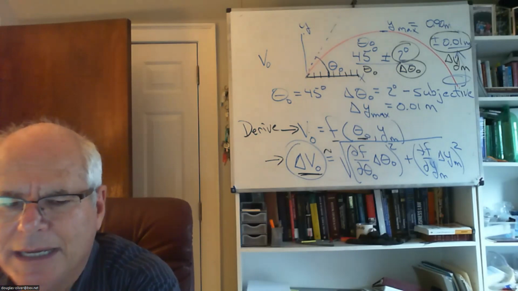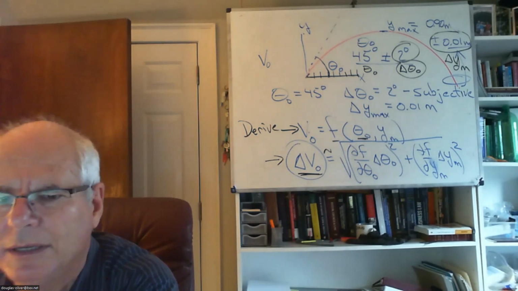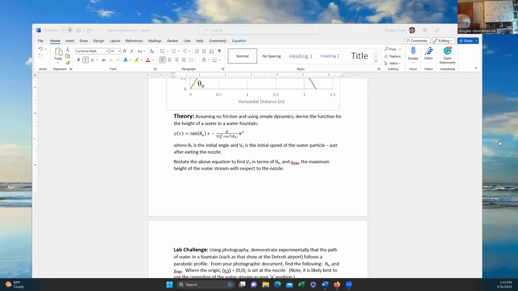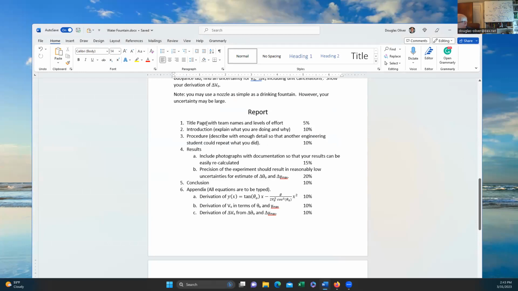Okay, what am I going to be expecting from you as far as a write-up goes? Okay, title page, team names and level of effort. You know all about that. Introduction, explain what you're doing and why.